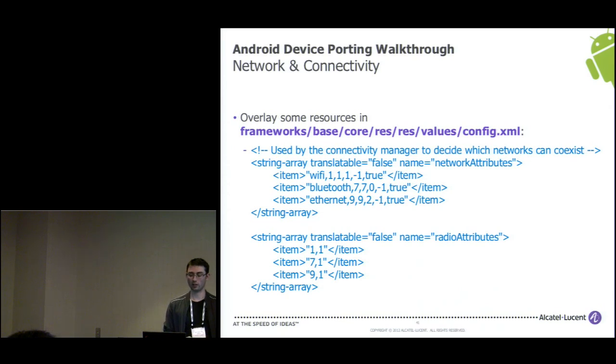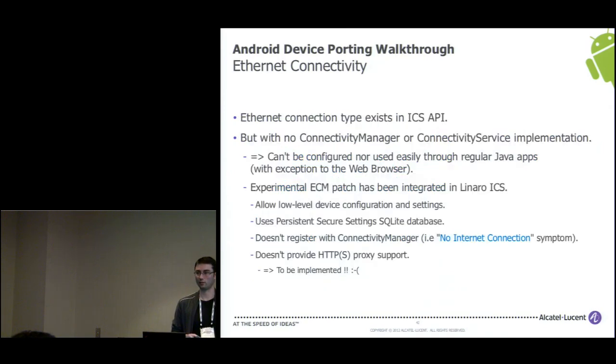Within this file, you may change some lines specifying the network attributes and the radio attributes, which define what interfaces your board is actually supporting. So for example, on my board, I have Wi-Fi, Bluetooth, and Ethernet. I have no GSM, no CDMA, nothing else. So I just want Android to know that these are the interfaces that are available to me.